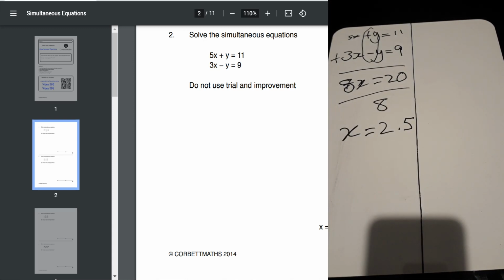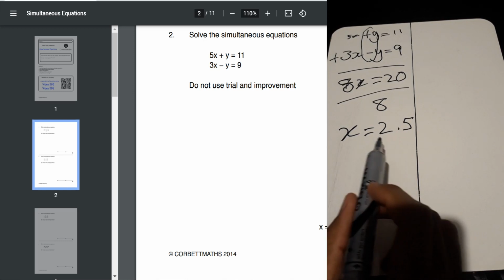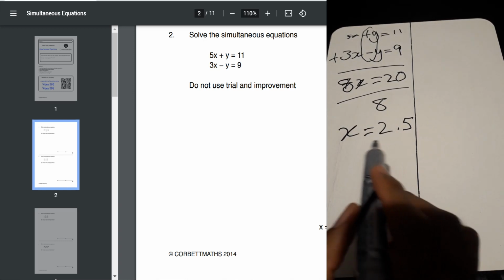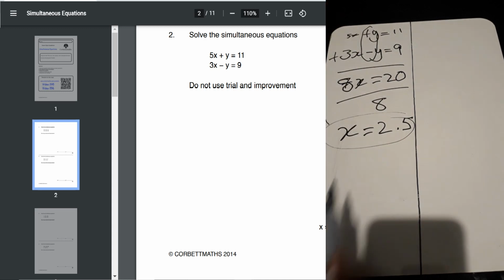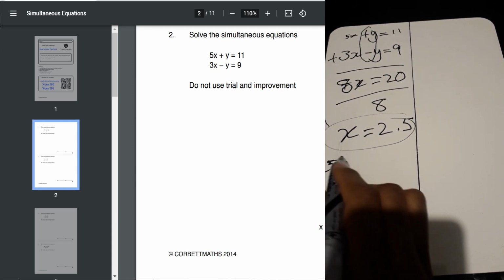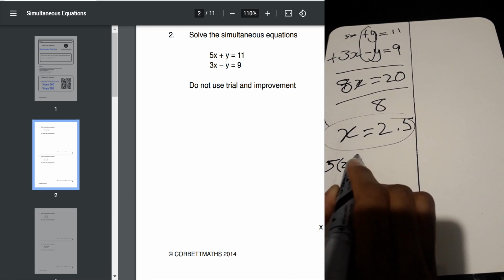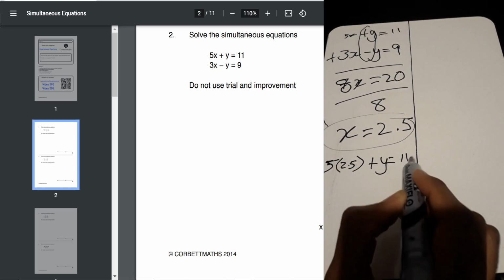So we're then going to take this 2.5 and plug it into the first equation like before. So it's going to be 5 times 2.5 plus y equals 11.